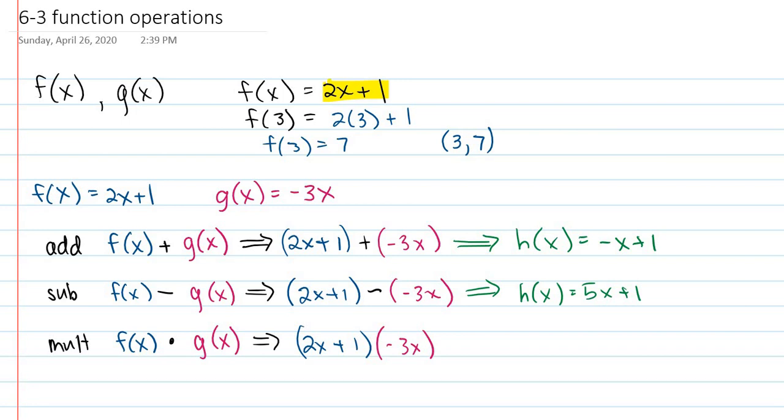Here, our new function, again, we're still going to name it h of x, and we are going to distribute. This negative 3x, I'm going to distribute to each of the terms in f of x. When I do that, I end up getting negative 6x squared minus 3x. So that is the new function.